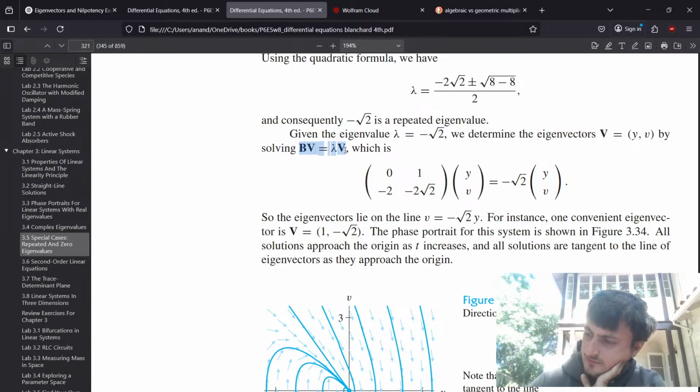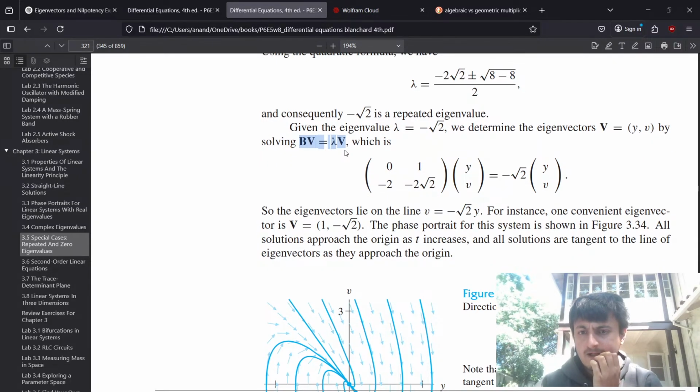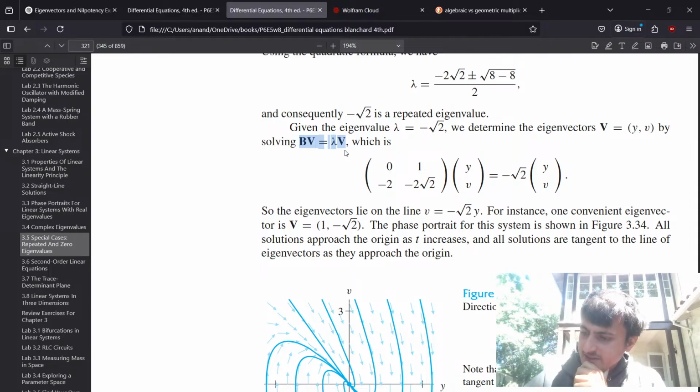So it's going to be root 2, 1, minus 2, and then it's going to be minus 2 root 2, but plus, so minus 2 root 2 plus root 2.